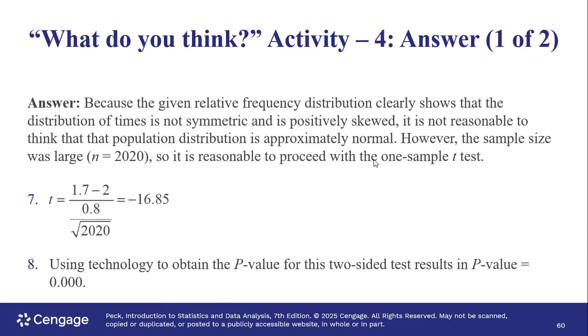Now we need to calculate the p-value, which will be twice the area on the left of minus 16.85 under the t curve with 2020 minus 1, which is 2019, degrees of freedom. If I have a TI-84, I can do that easily. I press 2nd VARS and go to tcdf, which is number 6.